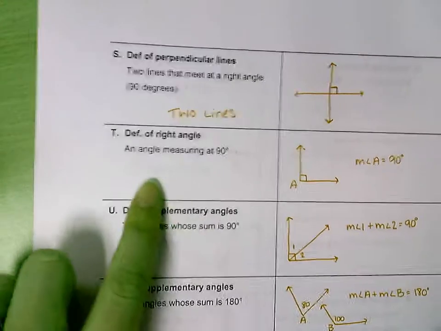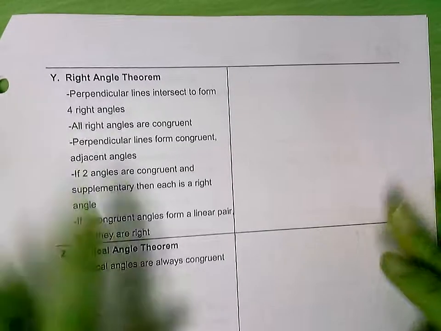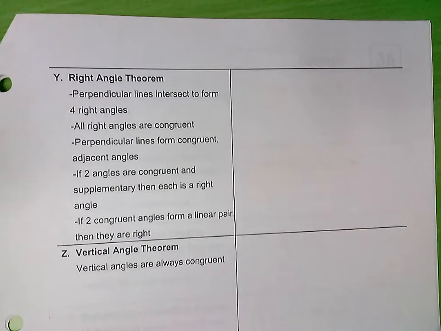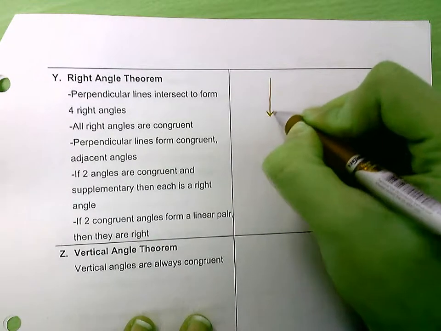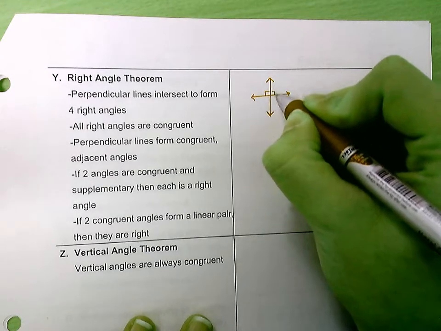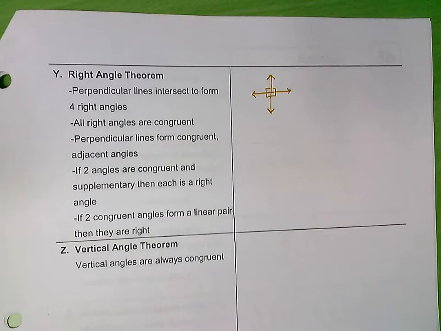With this one, it's just stating if you have a right angle, it's 90 degrees. Over here, you have perpendicular lines that form four right angles. So if you have four right angles formed, all four of these are right angles. It's a right angle theorem.